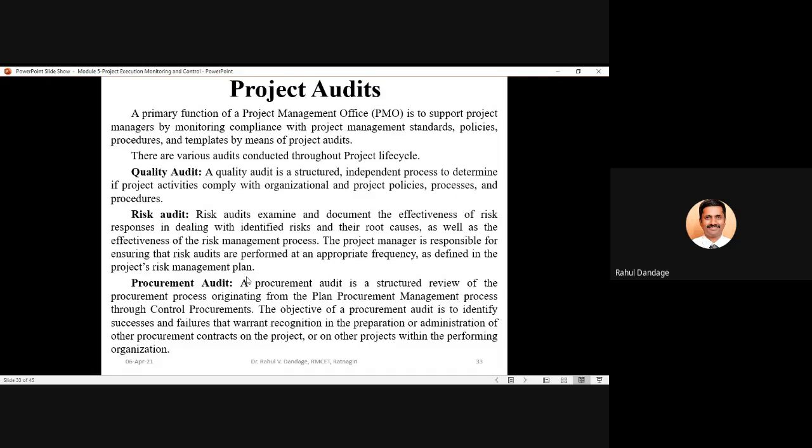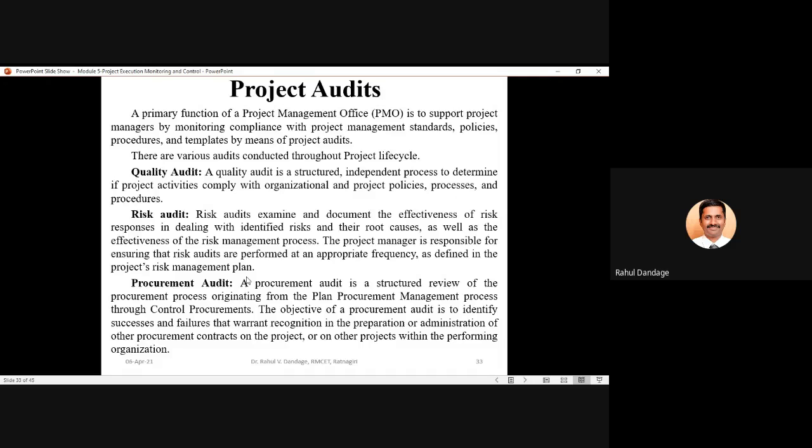The project manager is responsible for ensuring the risk audits are performed at an appropriate frequency as defined in the project risk management plan. So this project risk audit should not be conducted only at the end of your project, but there must be some standard routine frequency.